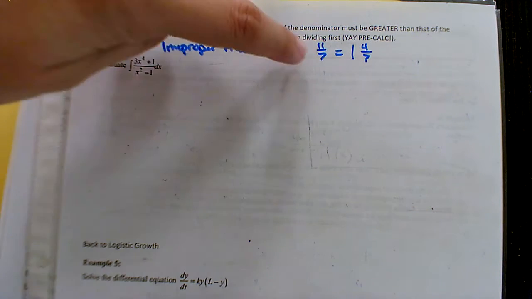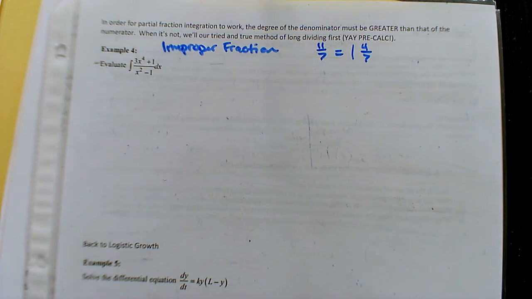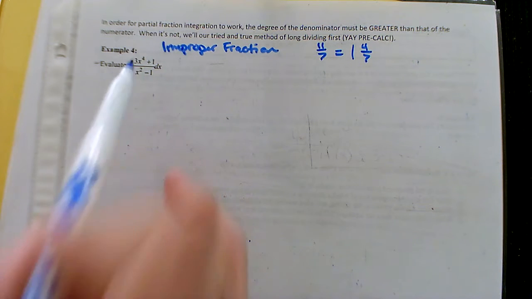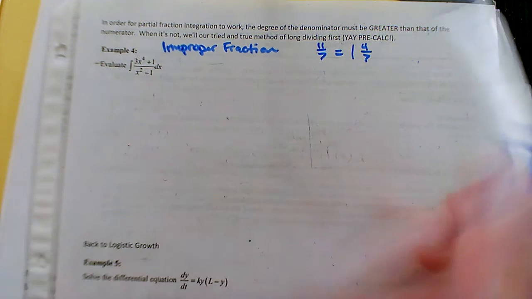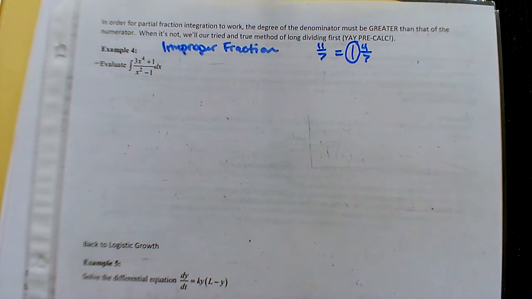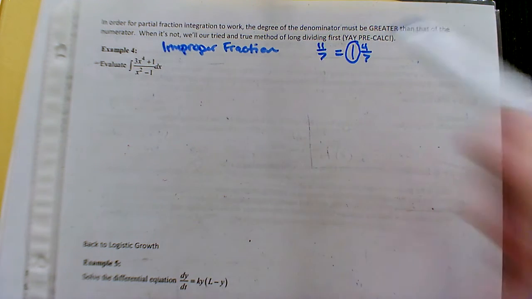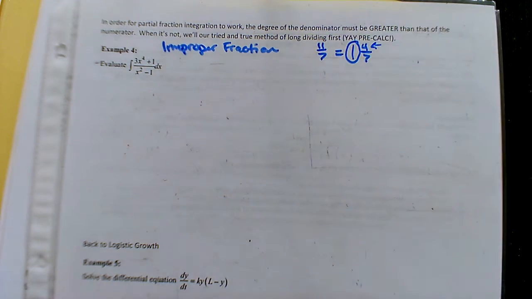You can change an improper into a mixed. We're going to do that same thing here, just with some variables. So we're going to go through the division of this to figure out what is that whole piece, and then we can figure out the remainder, or the leftover.